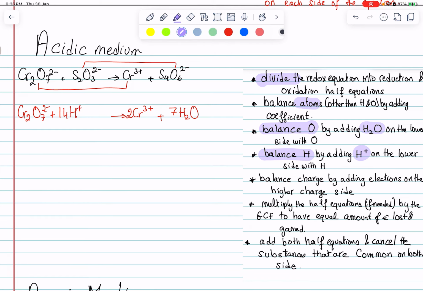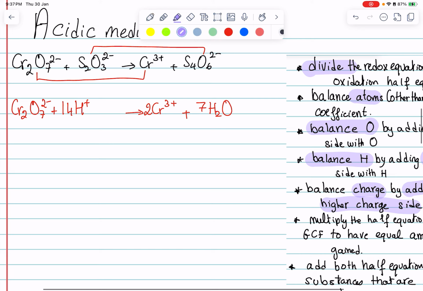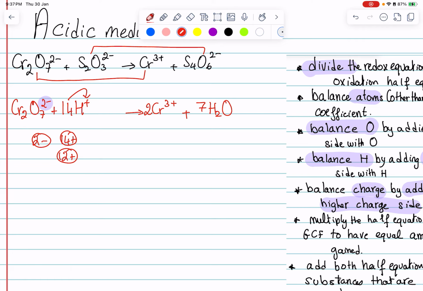Now we count the charge in order to balance it by adding electrons on the side of higher charge. So let's focus. 2 minus and 14 pluses. That's a total of 12 plus charge on the reactants side versus 2 times 3, 6 plus on the products side.